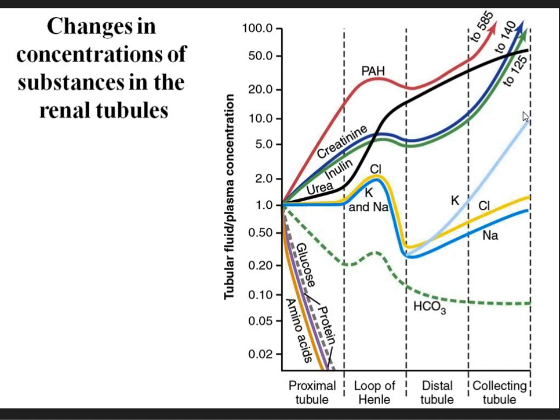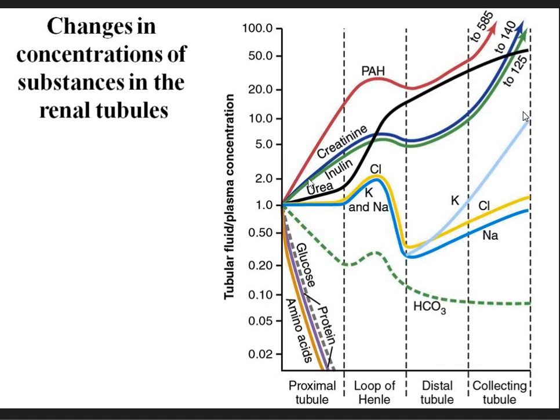So here we studied this graph as well, where we found out that the concentration of so many substances keeps on varying as the fluid passes from the PCT to the loop of Henle to the distal tubule and then to the collecting duct. The glucose, proteins, and amino acids are completely reabsorbed, so they are not seen under normal circumstances in these portions of the tubules, that is the loop of Henle and further in the DCT and collecting ducts.